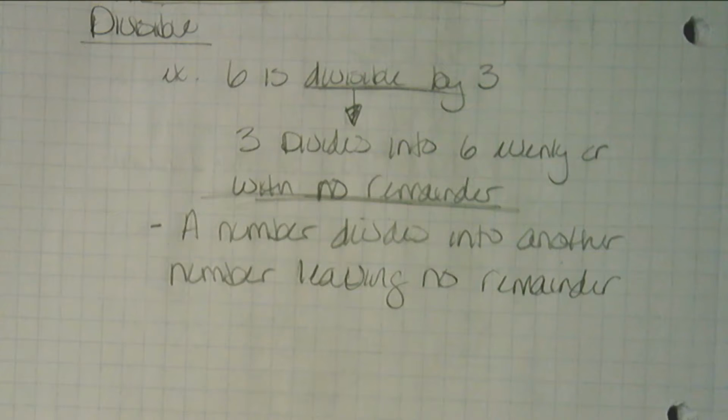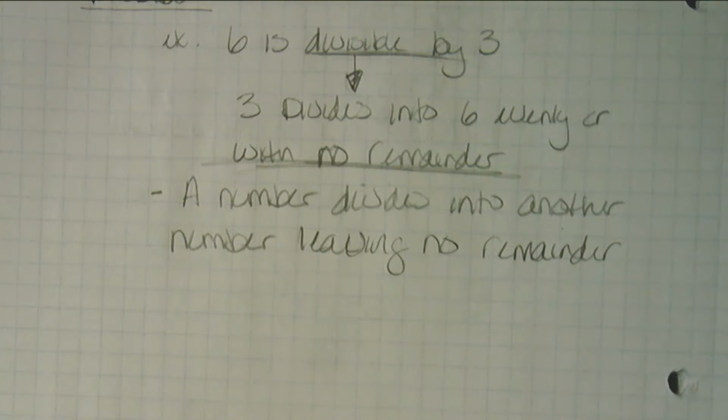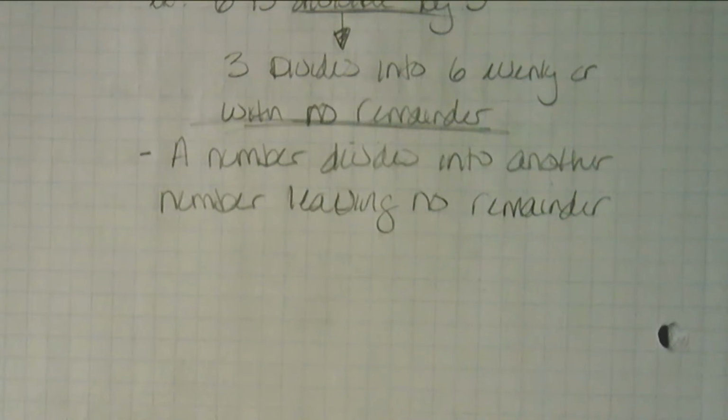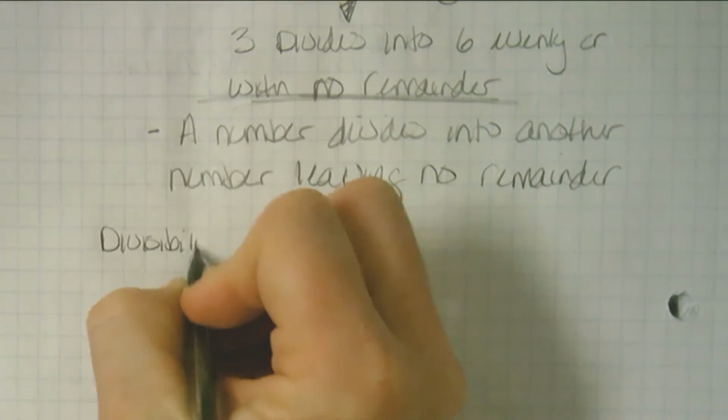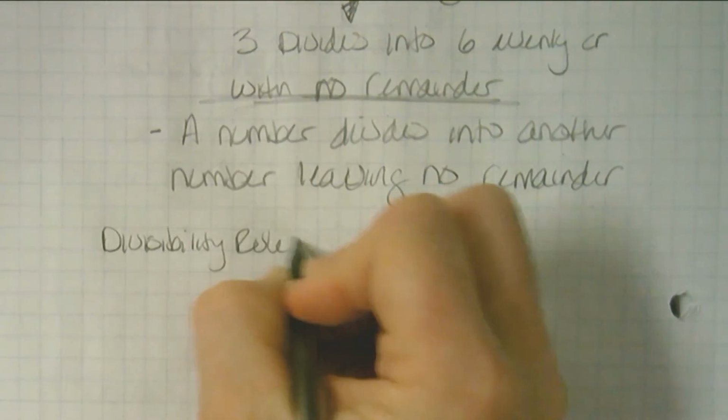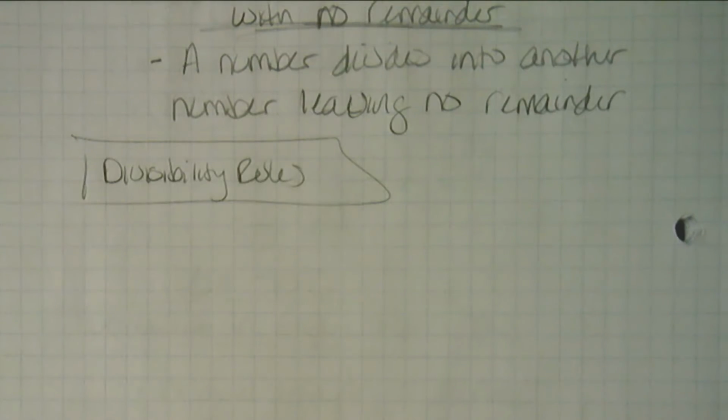I'm going to go through a couple real quick divisibility rules, because as we're doing factors, prime factorization, and greatest common factor, knowing our divisibility rules is going to make this a lot faster. All right, so let's talk about some of our divisibility rules. I'm hoping that this is a review for you, that you remember these.